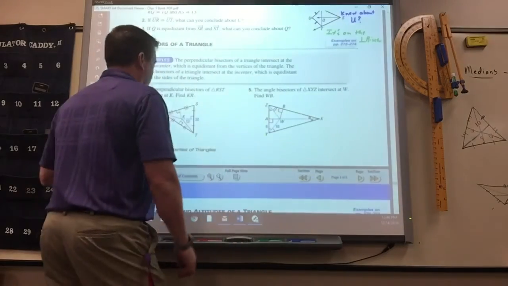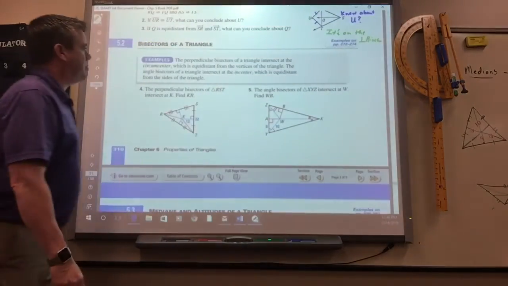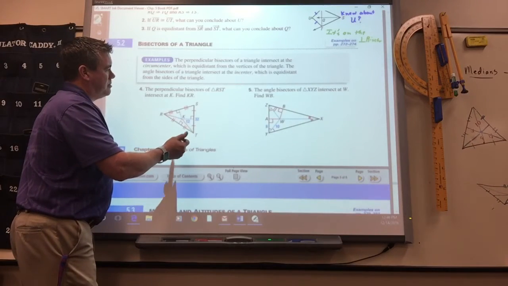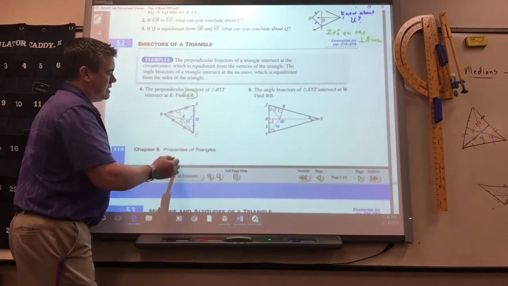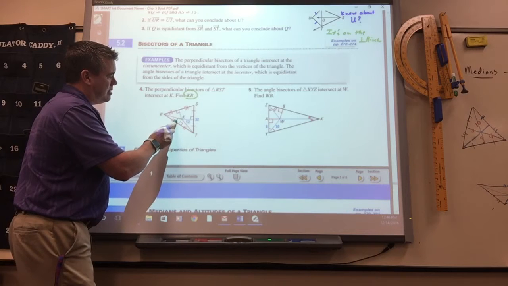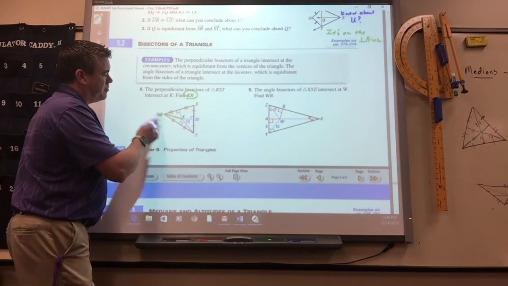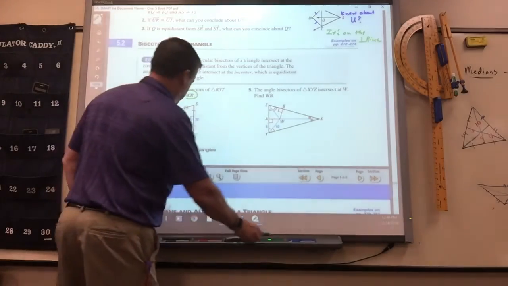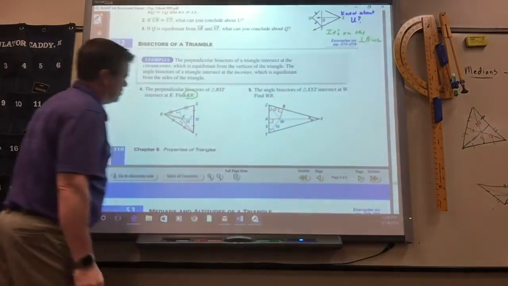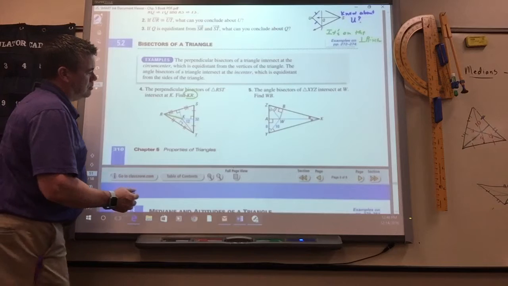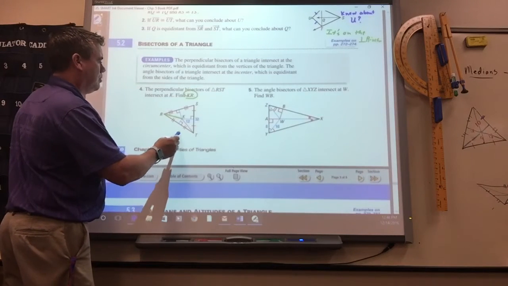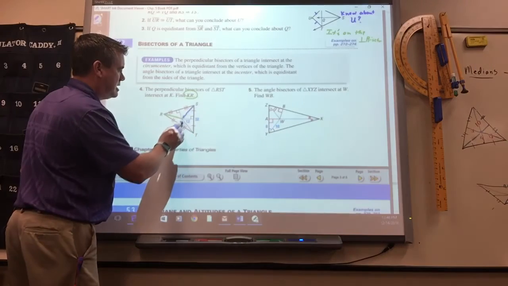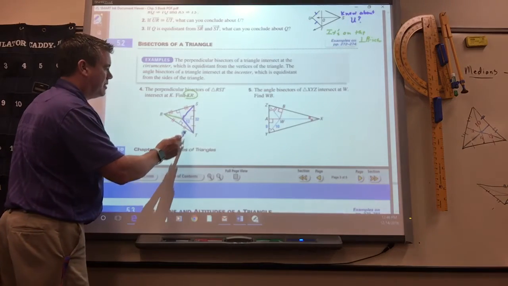So here are some examples. These are perpendicular bisectors. They want us to find KR right there. So they tell us we know that this equals that, right?